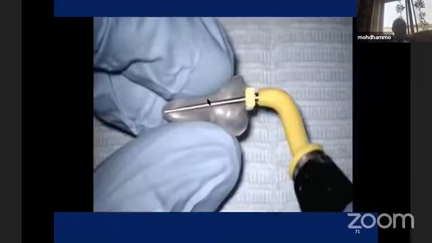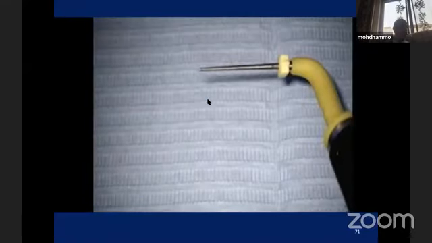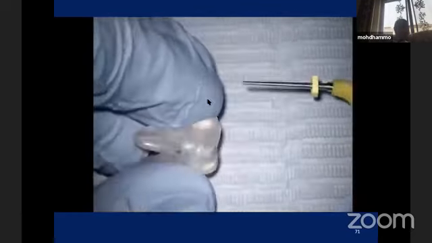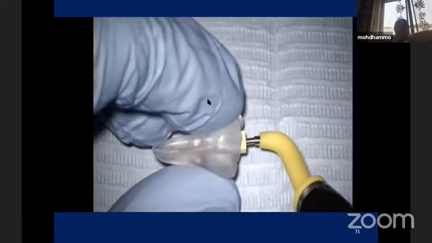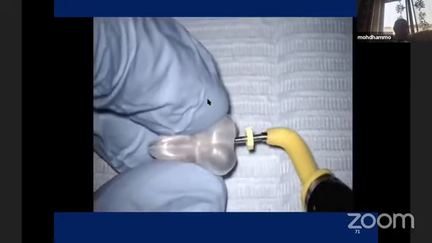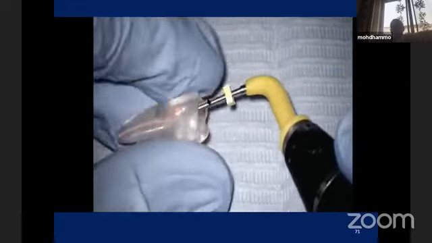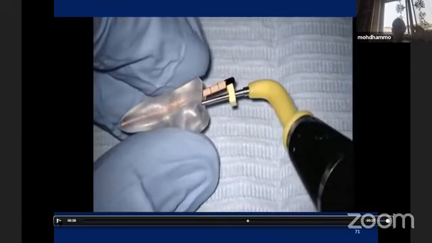Now, for the apical part, we place gutta-percha, and we will use this device, which will fill the apical 4 or 5 millimeters. So let's see here.